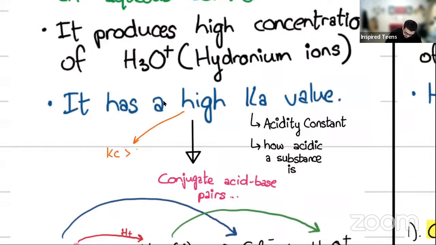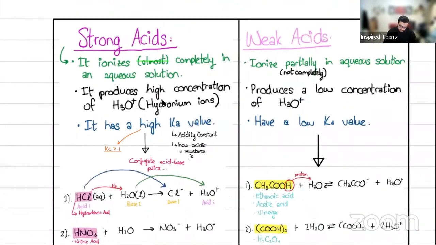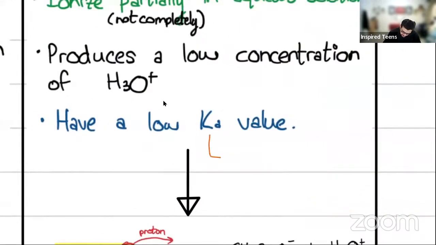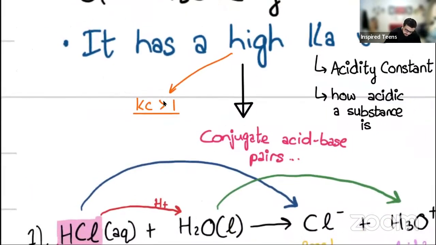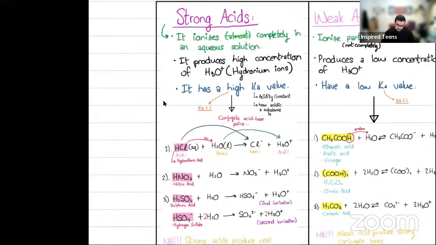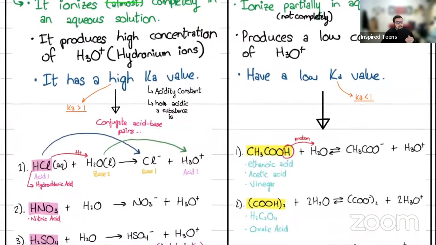Any Ka greater than 1 would suffice as a high Ka value, and any Ka less than 1 would suffice as a low acidity constant. Therefore, any Ka value greater than 1 would mean it's a strong acid, and any Ka less than 1 would mean it's a weak acid.